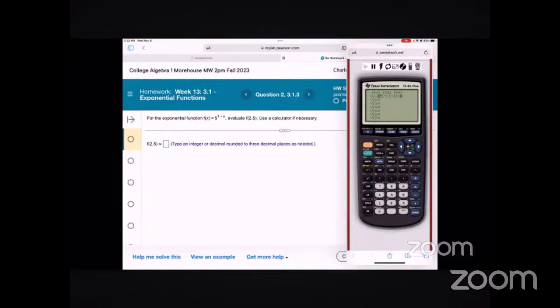No, nothing. I'm not really sure what those are. I'd have to find them. So we're going to go to variables. We want to call in the function we just typed in. We want to evaluate this when x is 2.5, and it says round to 3 decimal places. 0.089.